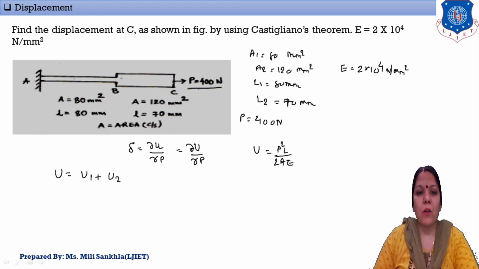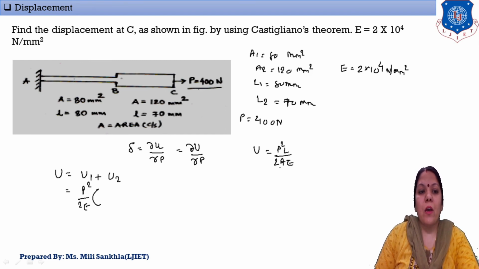Okay, now one by one. The common things are our load and Young's modulus, while length and area are different. So the common values are P squared, 2 and E. Then L1 divided by A1, and L2 divided by A2.